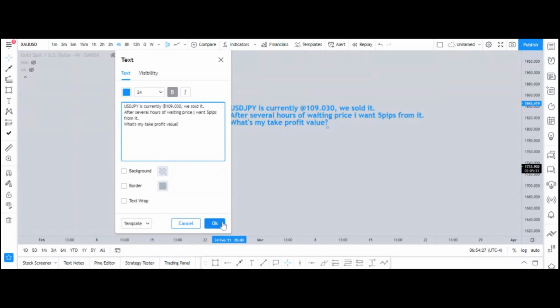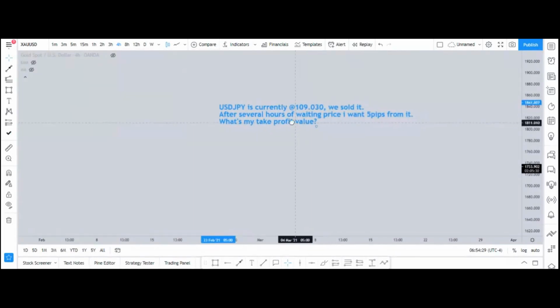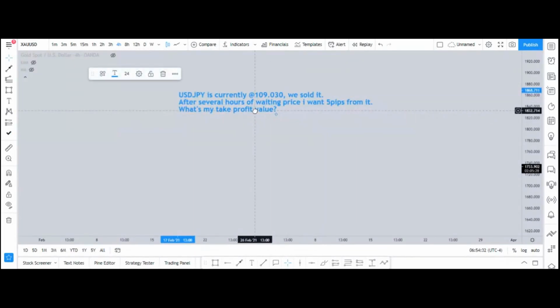Okay, so here we have it. USD JPY is currently trading at 109.030. We sold it, and after several hours of waiting, I want 5 pips from it. What is my take profit value?